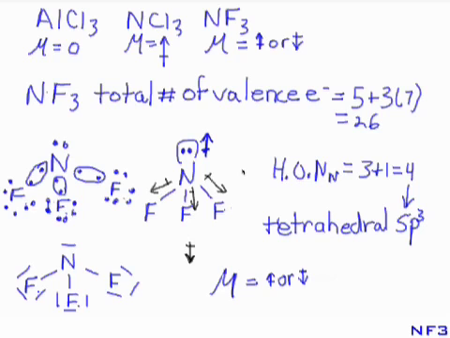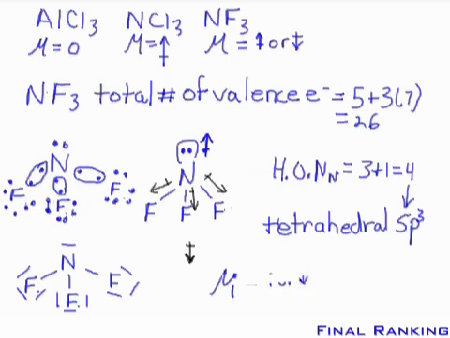But we'll assume that's not the case, that there is a small dipole in NF3 because the addition of the vectors for the fluorines does not equally cancel the blue dipole due to the lone pair. So the point here is that since the fluorine dipoles are opposed to the lone pair, you either get a small dipole up or a small dipole down, but either dipole is smaller than the NCl3 dipole. So that's a bit tricky.